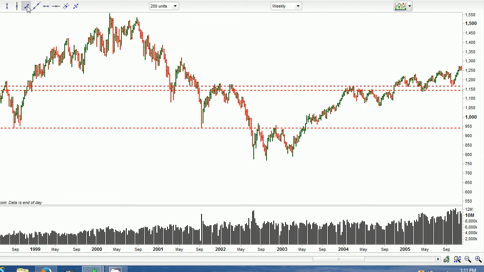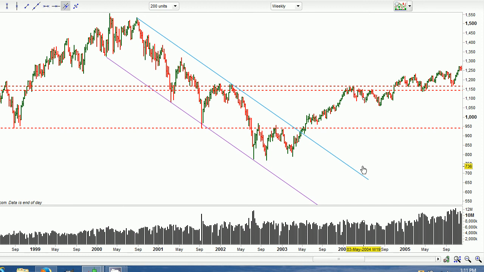You also get support and resistance zones with trend channels as well. And if we just plot our trend channel quickly on here, down to here.